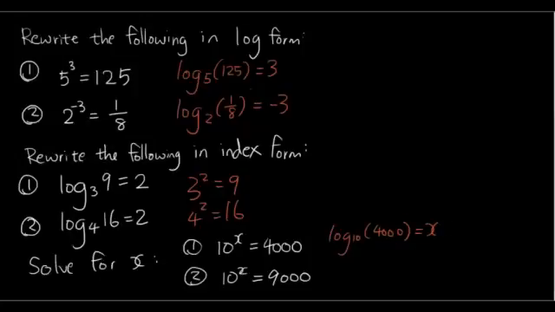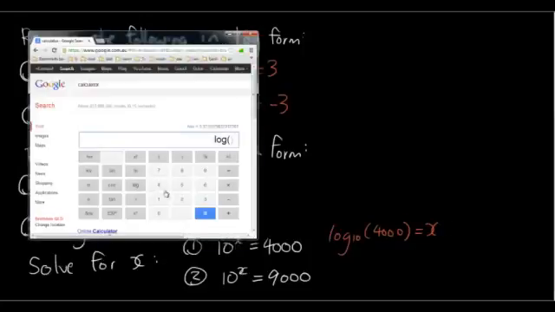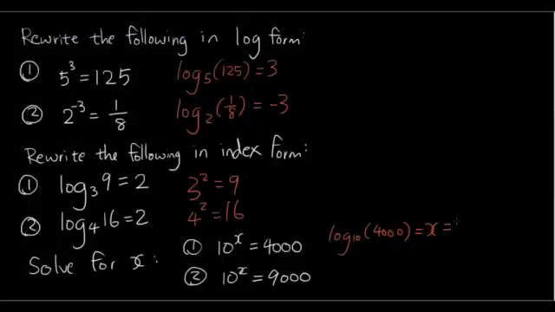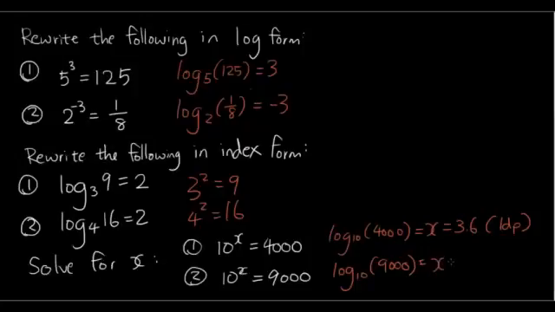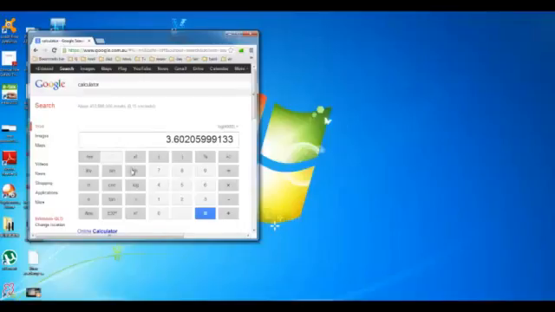So using our calculator, log of 4,000 is 3.60, 1 dp, 1 decimal place, and log base 10 of 9,000 is, what is that?